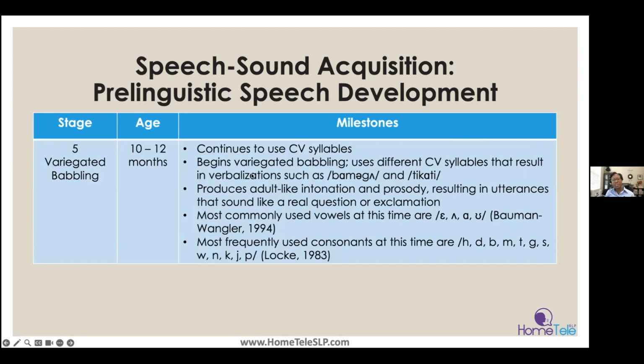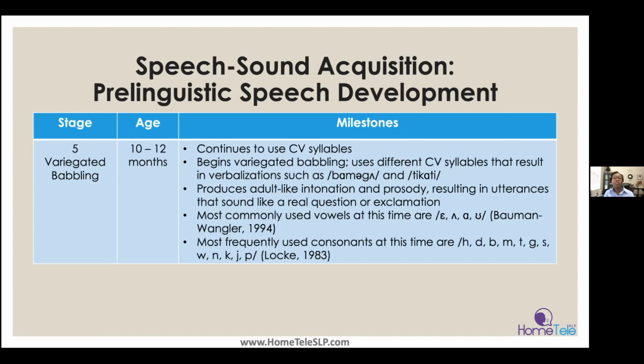And then when we come to stage 5, which is variegated babbling, this is around 10 to 12 months. The child is continuing to use these different consonant vowel syllables. They're producing, again, adult-like intonation in terms of the rise and fall of their voice and the rate that you hear these different combinations being used.